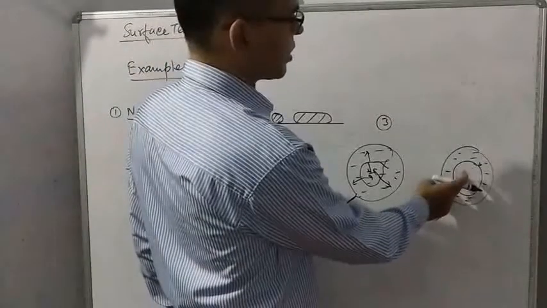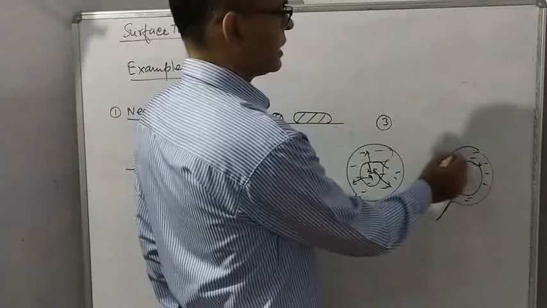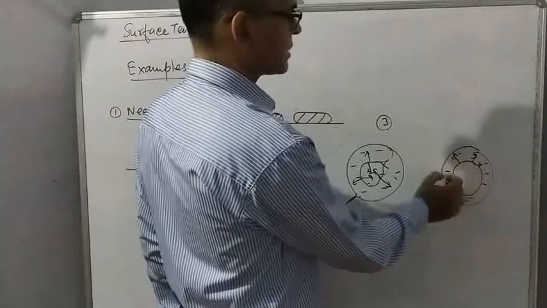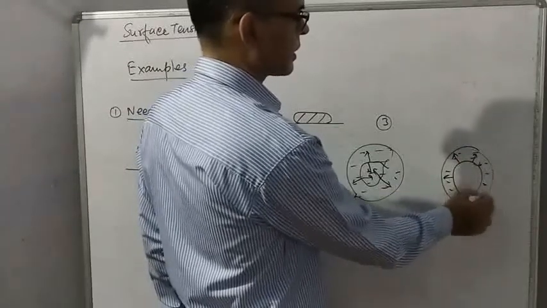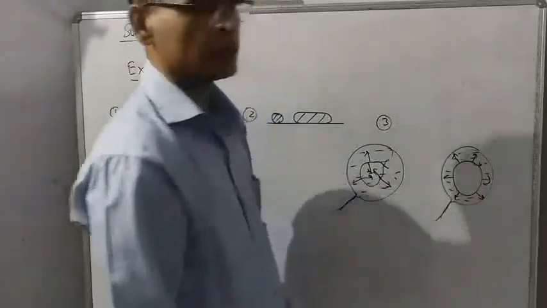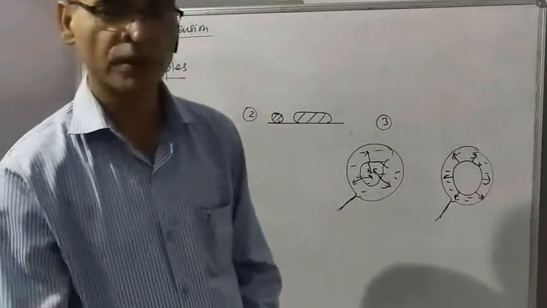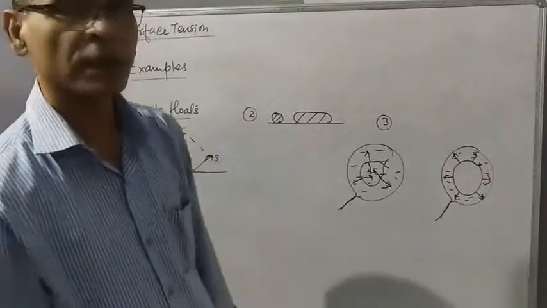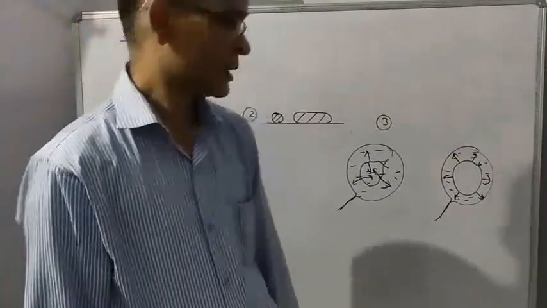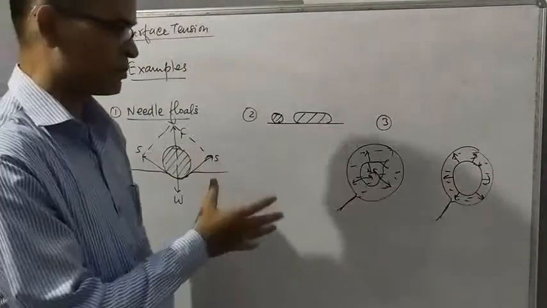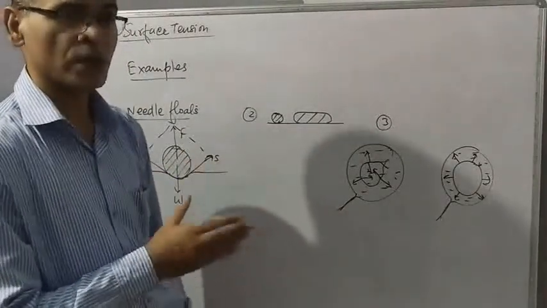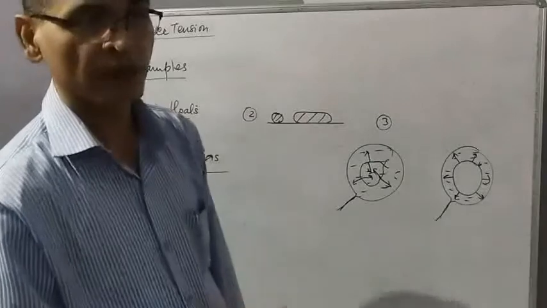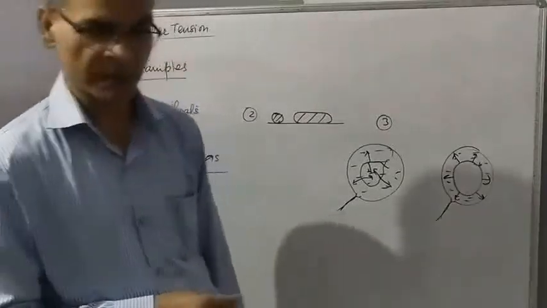But if the film is broken, only surface tension is acting in this direction, and when the loop is pulled from all directions, the shape of the loop becomes perfectly circular. So these are some examples by which we can conclude that a liquid has some tension on its surface.